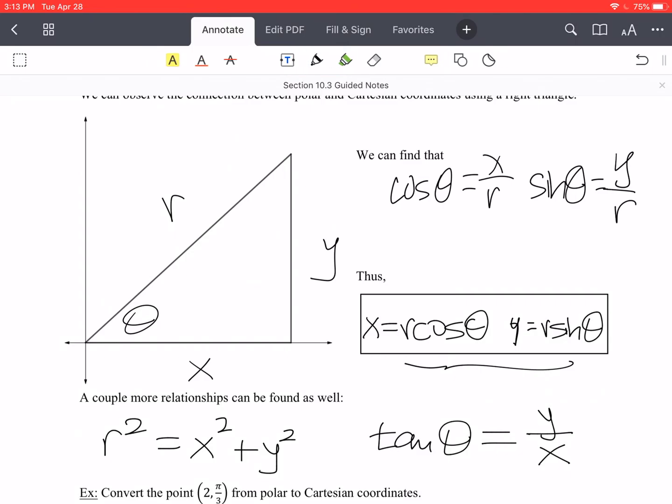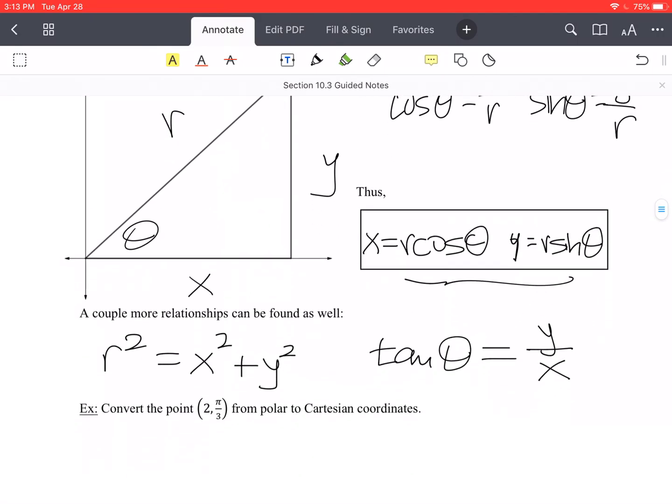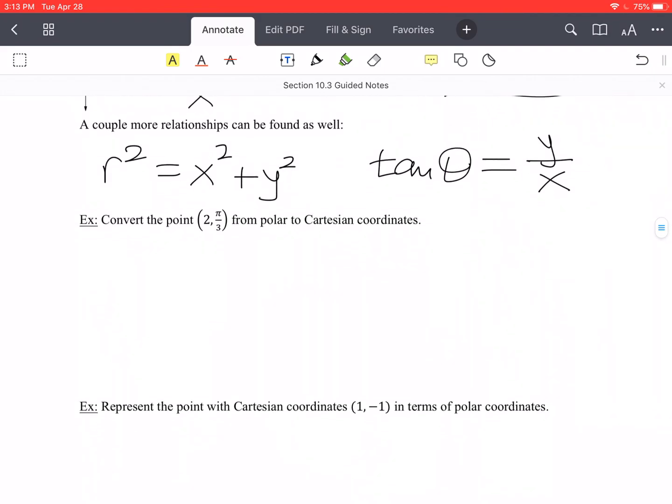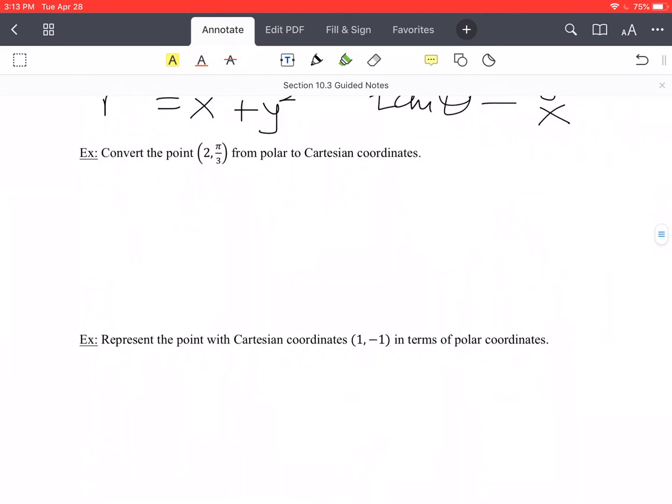Okay. So here's a few formulas for us to be able to use. So let's look at some conversions here. Convert the point 2 comma pi over 3 from polar to Cartesian coordinates. So we want to go ahead and convert r's and thetas into x's and y's. So let's just use the formula we had for x and y.